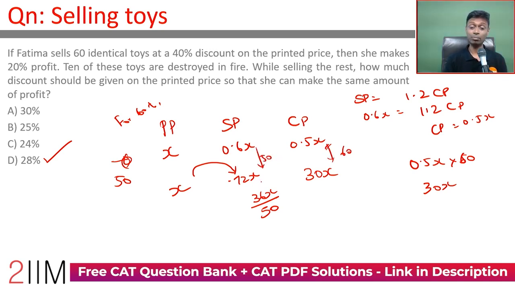But she wants to see the same profit. If she buys 60, she sees cost price of 30x. She has to make 20% profit, or she should have a total selling price of 36x. She has only 50 items to sell now. So 36x have to be sold for 50 items. Each item is 0.72x. Or what was at x now has to be sold at 0.72x, or we can discount by 28%.